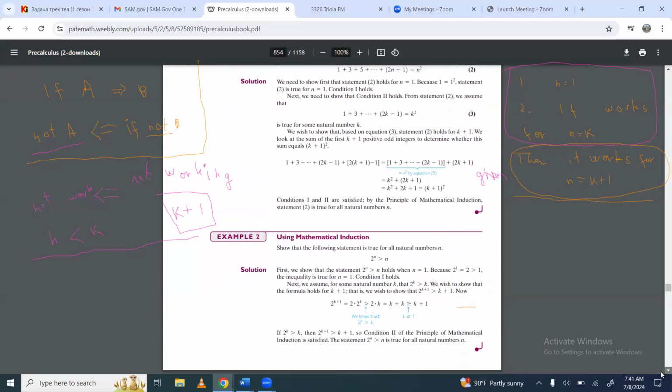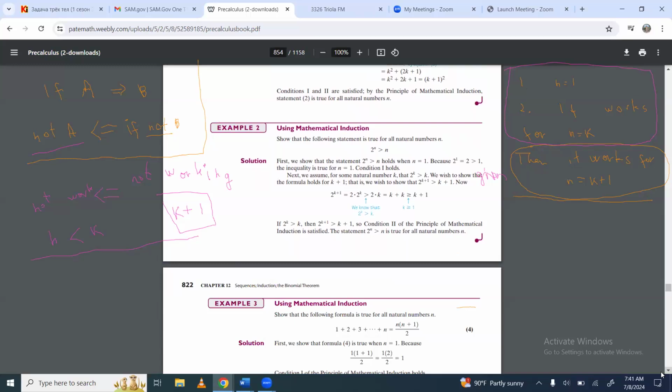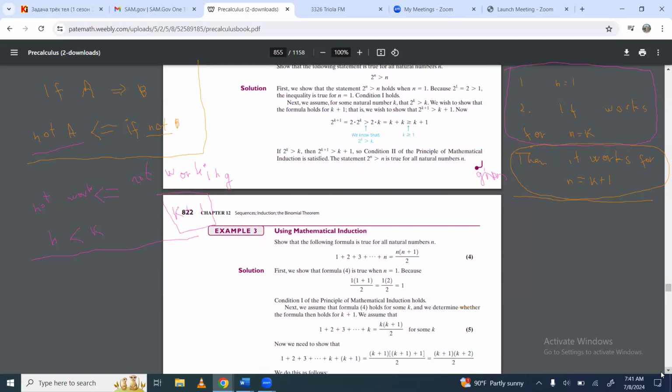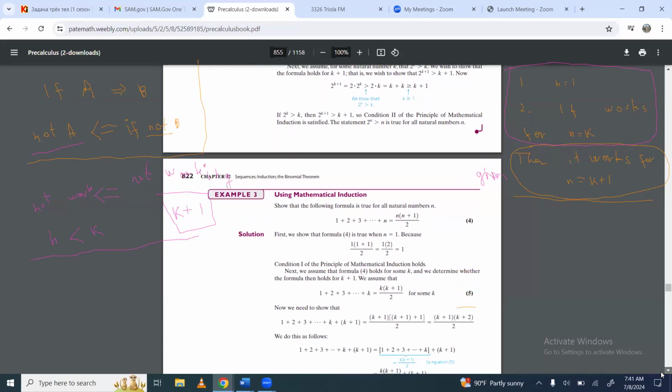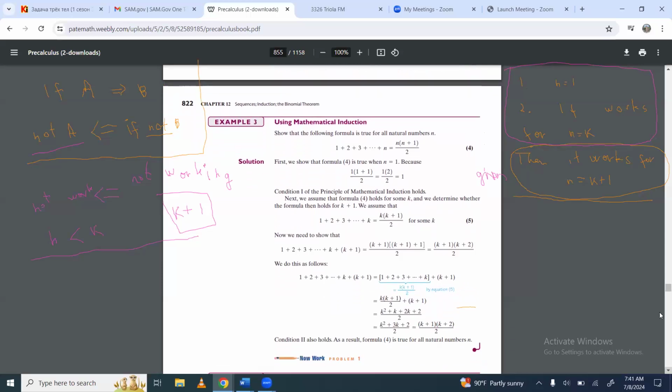the idea of proof is actually here throughout the entire section of mathematical induction. So, for example, we tried last time to look at example 3 to do the proof. Remember, we wrote it for n equals k, and then we also wrote what we need to prove for k plus 1.